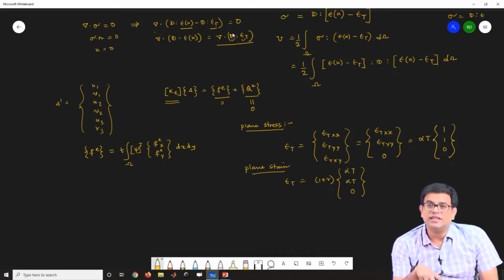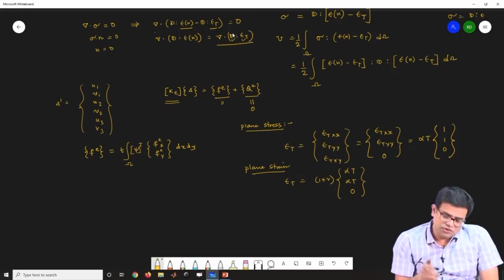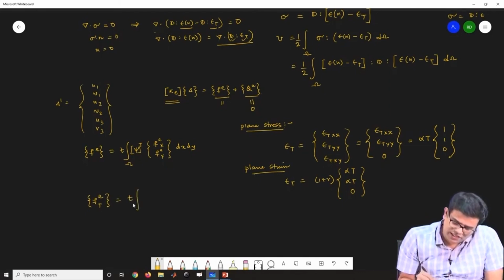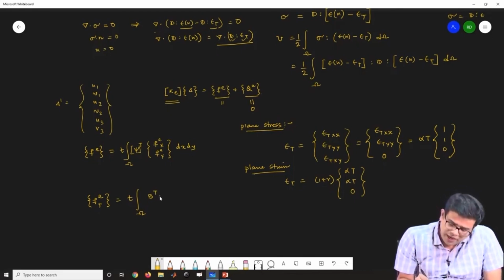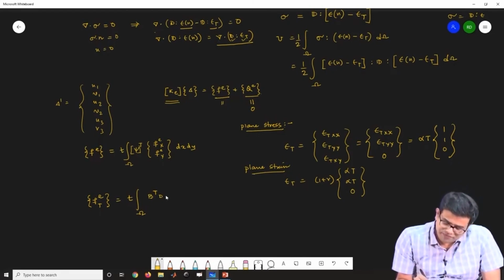Because there is a del dot, the derivative of the shape functions will come. So naturally this Fe thermal will look like this: the integral of B transpose, then the D matrix, and then epsilon T.